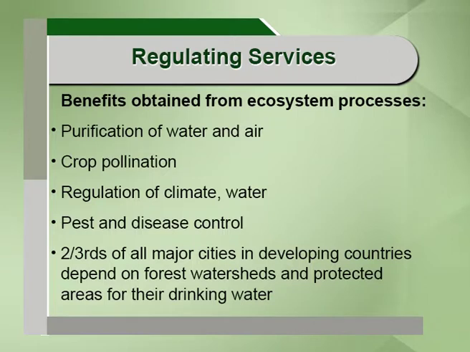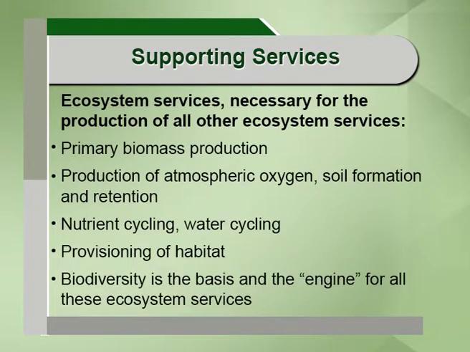water supplies. Supporting services: these ecosystem services are necessary for the production of other ecosystem services. That is why they are termed supporting services. Primarily they are important in biomass production, the production of atmospheric oxygen, soil formation and retention, nutrient cycling and water cycling, and provisioning of habitats.